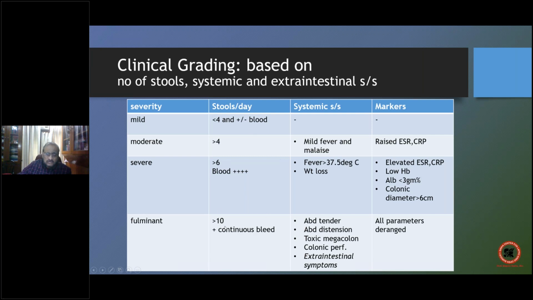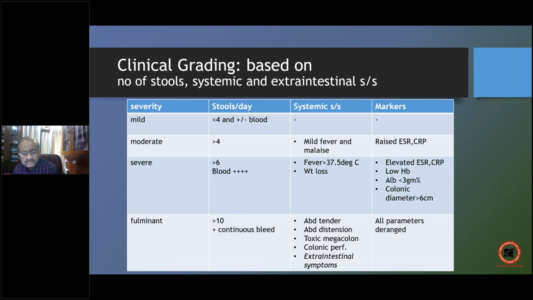So along with the number of stools, the amount of bleeding is an important parameter to grade as mild, moderate, or severe. The systemic symptoms are hardly there in mild. In moderate, you'll have fever and malaise, and in fulminant, they have abdominal tenderness, abdominal distension, toxic megacolon. You can have perforation.